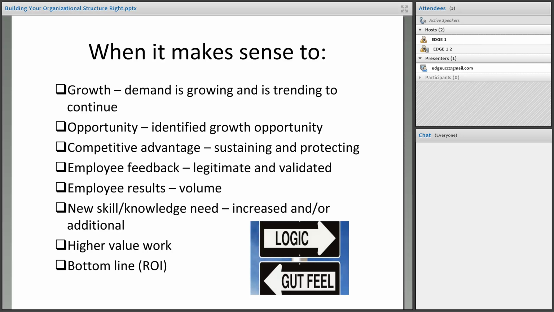And when our business starts to grow and we realize that we need to be bringing in resource to help us, outside of it requiring different skill or knowledge, we probably want to make sure that we're focusing on our higher value work so that we have more time to do it, and then look at creating a role to alleviate the pressure and get the lower value work done, the more clerical work that isn't requiring as much involvement as my business or my organization grows, to free me up so I can do higher value work. So that would be when it makes sense to.